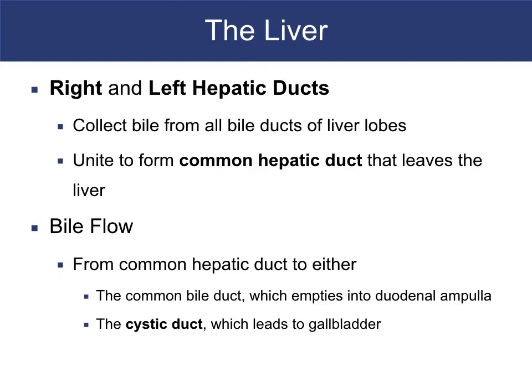The common hepatic duct comes down this way, and it gives off this little side branch, which is called the cystic duct. And the cystic duct connects to this thing here called the gallbladder. Okay? So this is the cystic duct.